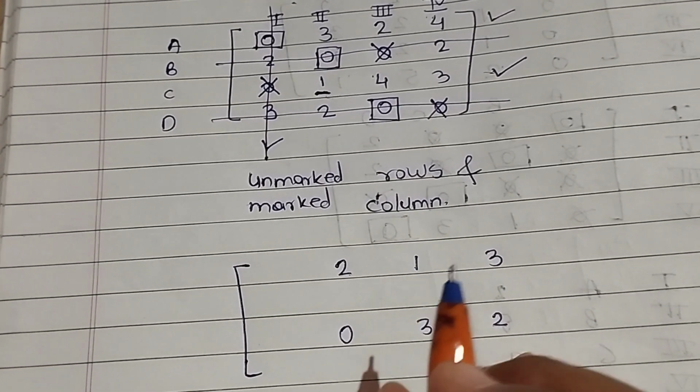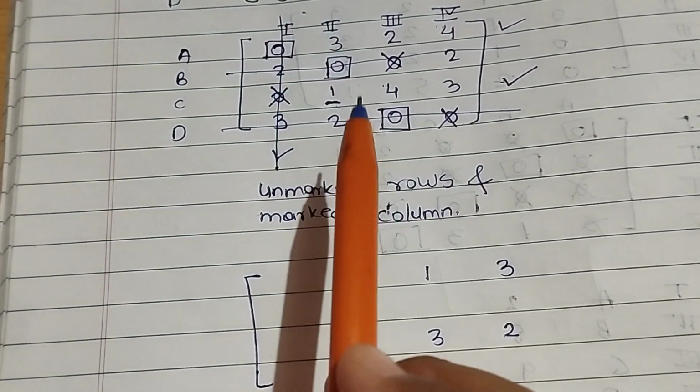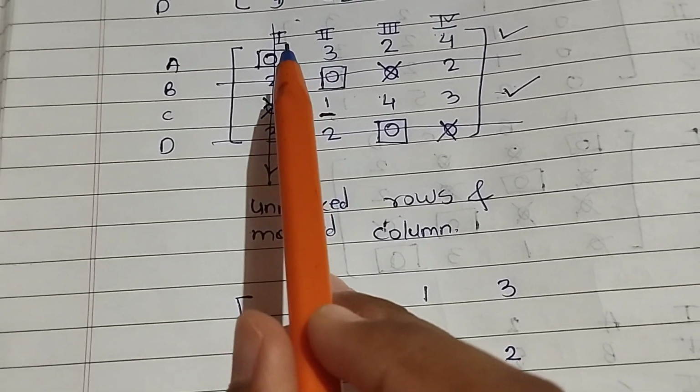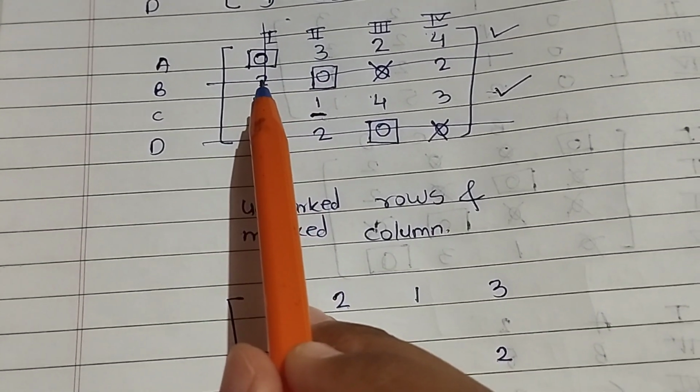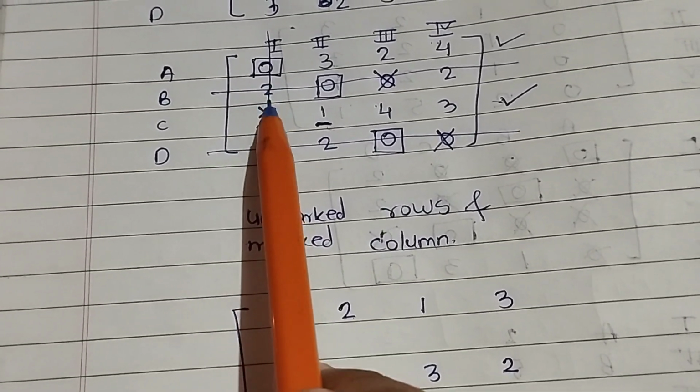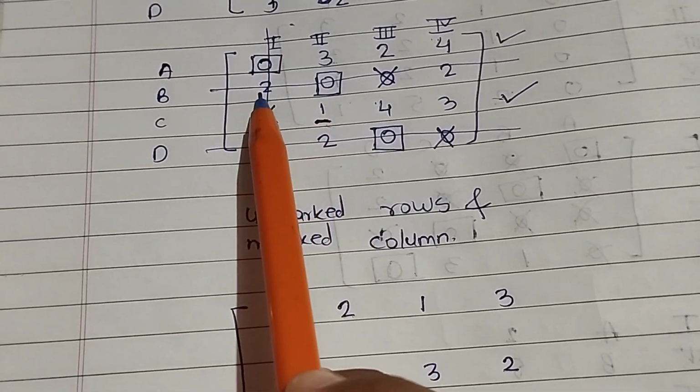Subtract from the uncovered elements, and add at the intersection, meaning where the two lines intersect. Here the 2 is the point where two lines intersect.